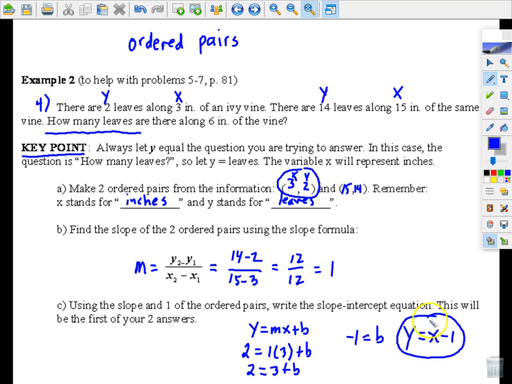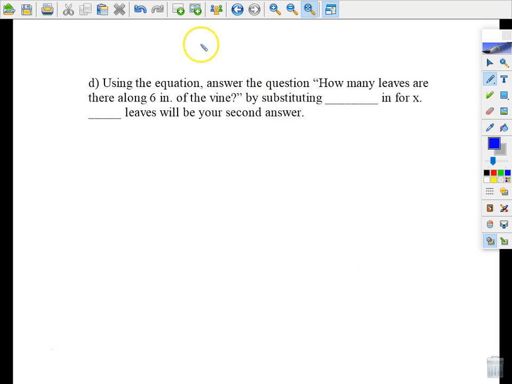Model, equation, linear model, linear equation, same thing. This is more important than answering the question. Obviously, if you miss this, you will miss the question. But don't forget about writing the model and focus only on answering the question. With the model, answering the question is pretty easy.